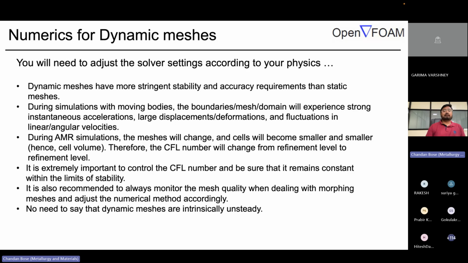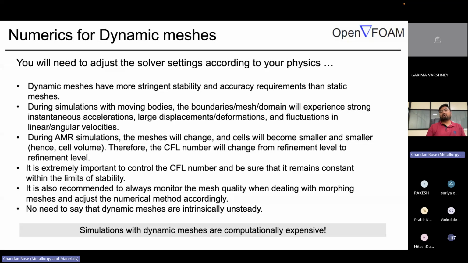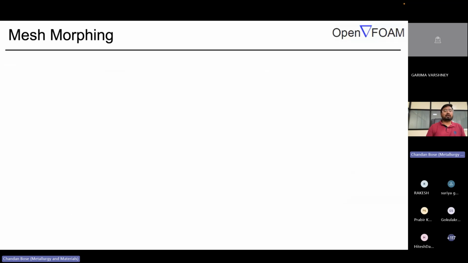And we don't need to mention this, you should all intuitively understand that dynamic meshing cases are unsteady. You also have to take this into consideration when you choose your solver settings. And of course, they are computationally more expensive.